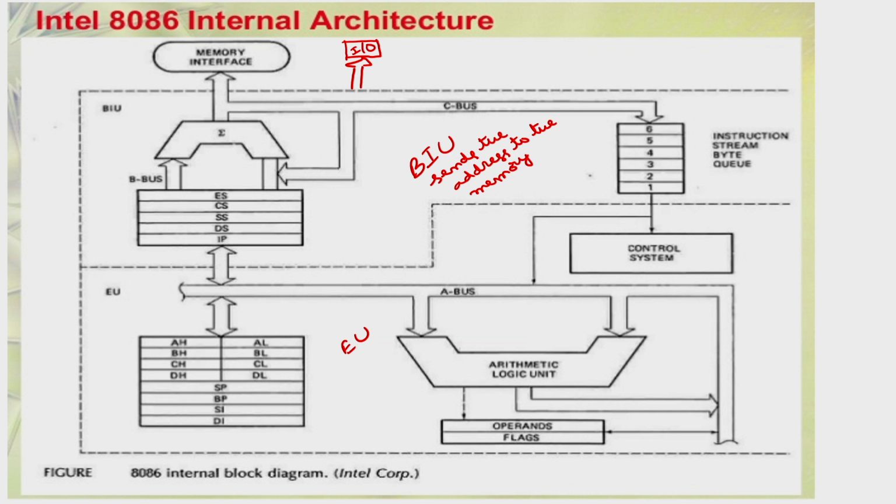So BIU sends the address to the memory location. From that particular memory location it will fetch the instructions one by one, reads the instructions from the memory location.